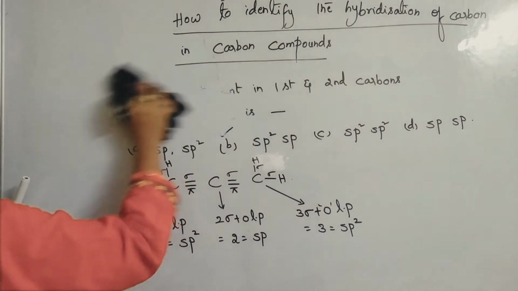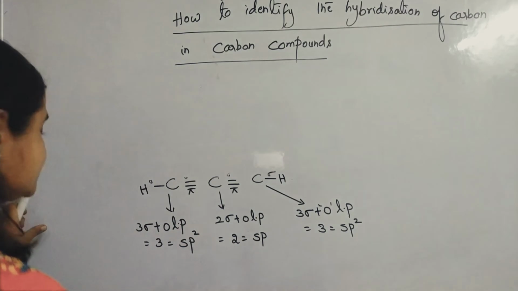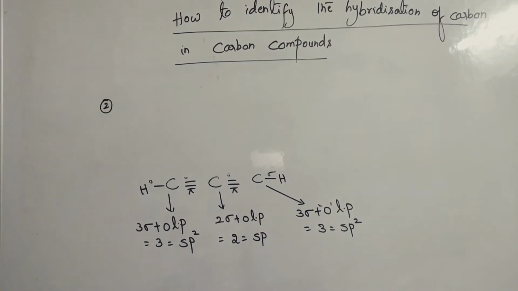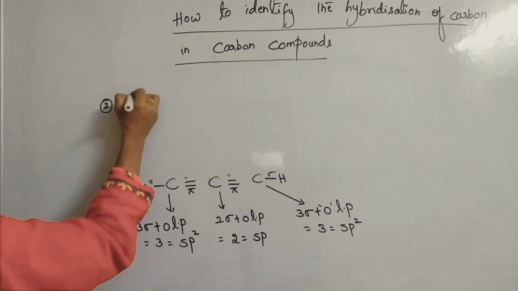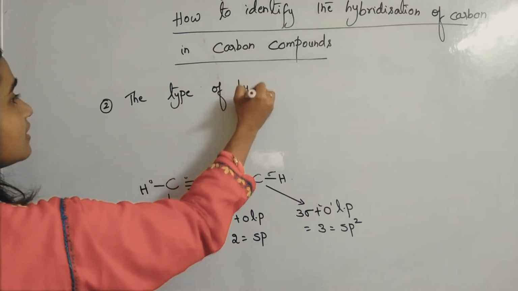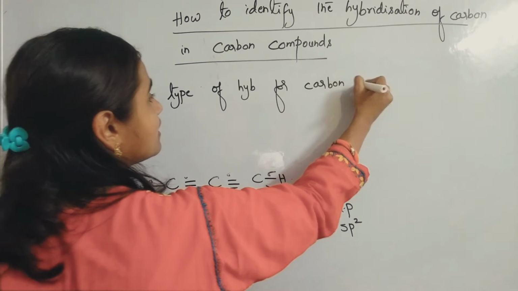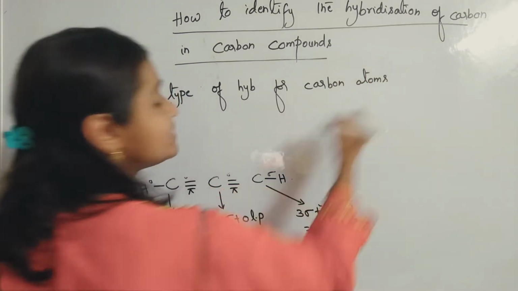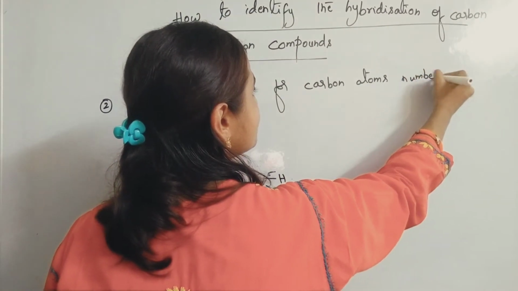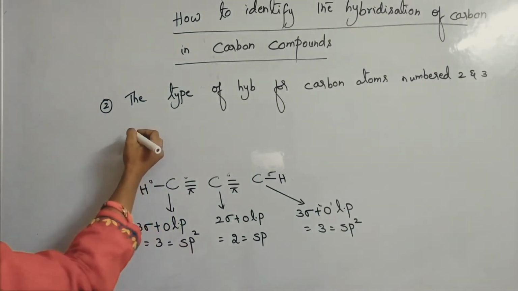So we'll go for the second question now. In the second question, the type of hybridizations of carbon atoms numbered 2 and 3. Questions will be asked like this: for carbon atoms numbered 2 and 3 in the following compound.